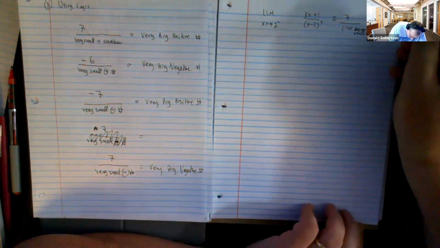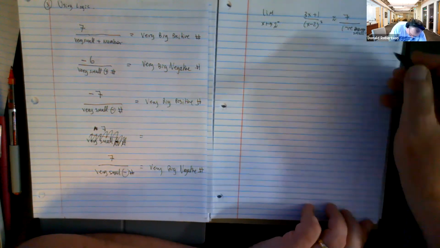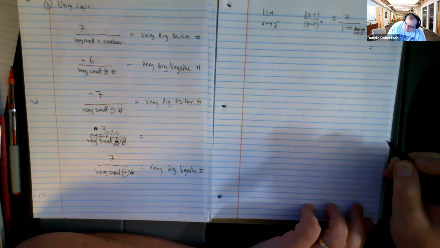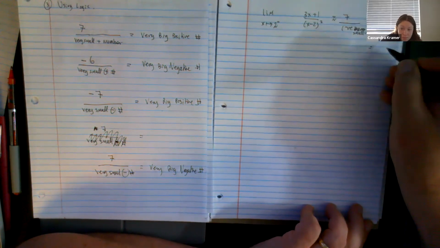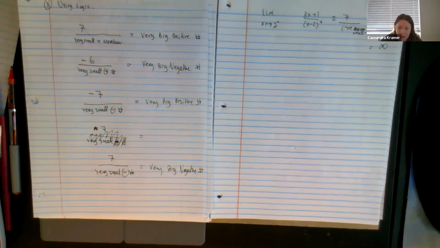Okay, what's 7 over a very small positive number going to get us? Very big positive. And don't we call very big positive infinity? Right, and so that's the logic that I'm using.